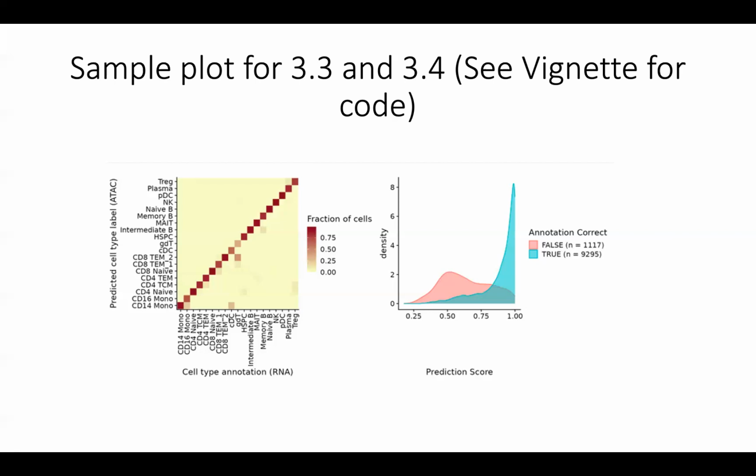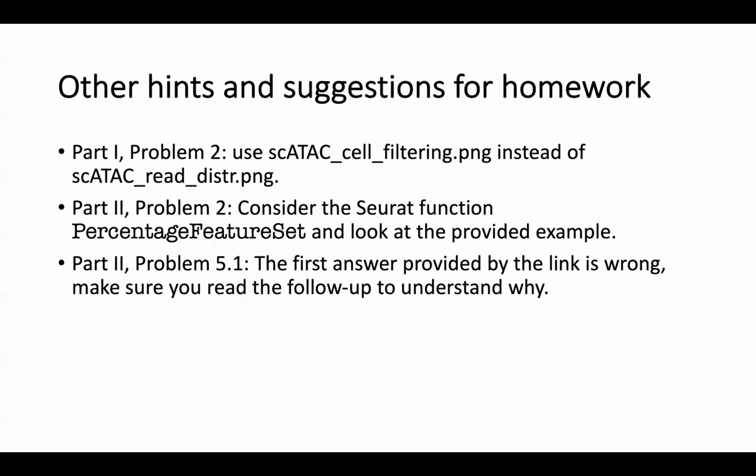Okay, so final slide here. I just wanted to give a few hints, corrections, and suggestions for the homework. In part 1, problem 2, there is a typo. I may correct it and repost it.